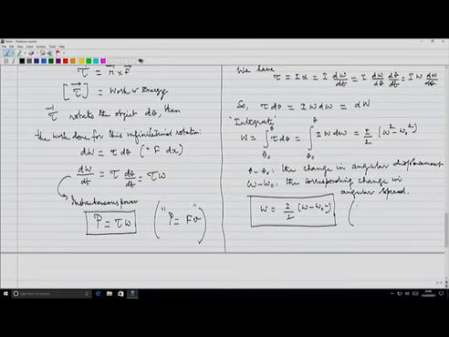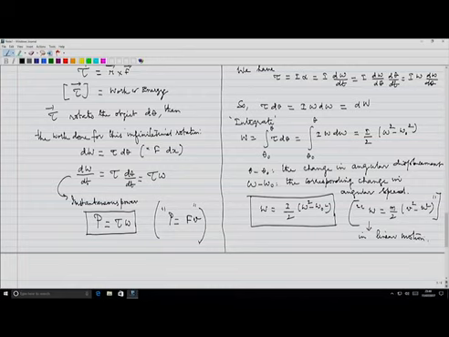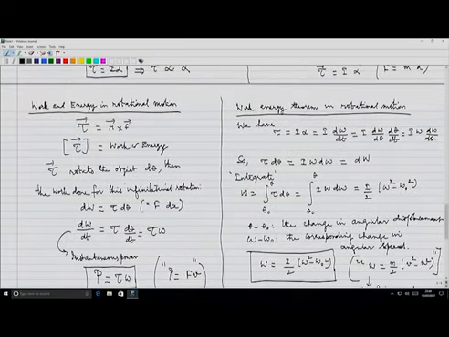The corresponding equation is, the work done is m by 2, I forgot to write this, v squared minus u squared. This is in linear motion. So this is the so-called work energy theorem.